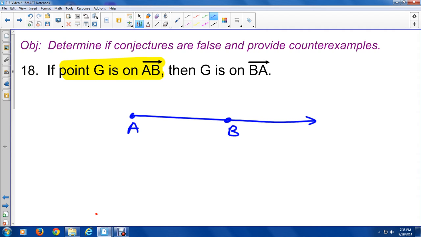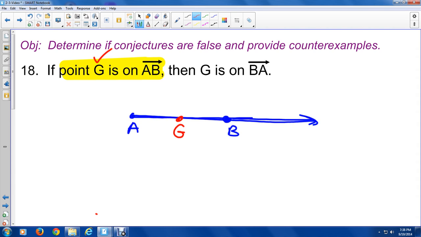Okay, there's ray AB. And I need to put point G somewhere on that. So G could be, right, the ray keeps going, but I'm going to go ahead and put G somewhere between A and B. Then I know for sure it's on the ray. Okay, I've made my hypothesis true.